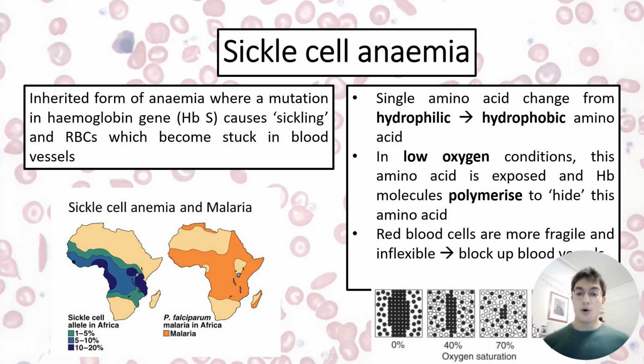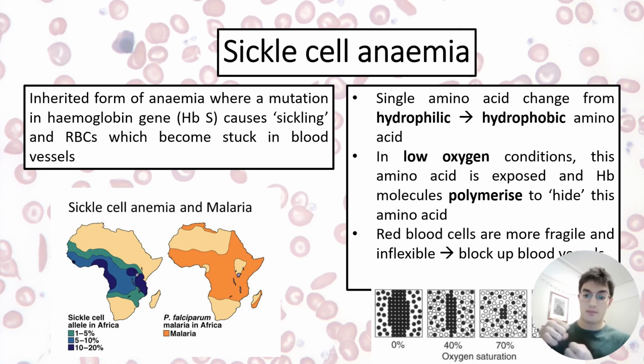And in low oxygen conditions, when there's low amounts of oxygen in the cellular environment, that amino acid essentially is exposed. It comes out because it changes shape, and all these hemoglobin molecules polymerize.